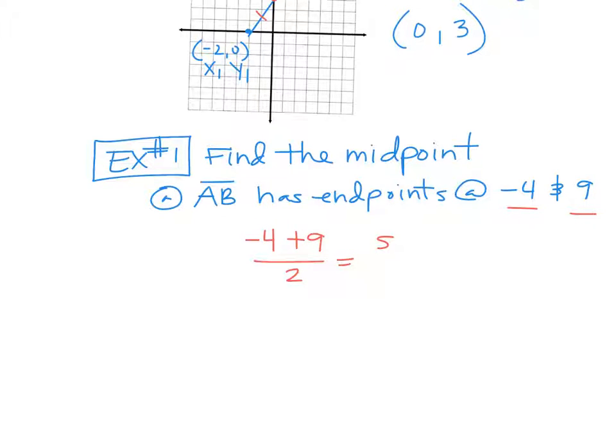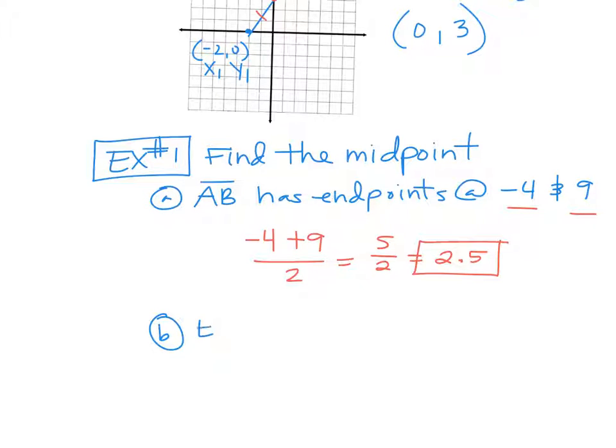So you get 5/2, or if you want to call that 2.5, that would be the midpoint of segment AB, would fall at 2.5. If you want to graph it and see, does it actually fall there? Go for it. It's a good way to check your answer, but you definitely do not need to graph it, okay? Okay, so that's if they give it to you just, here's two values, find the midpoint.